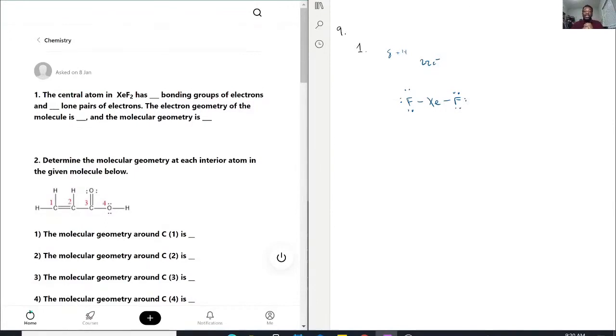So it still needs 6 more electrons. So it would actually be 1, 2, 3, 4. And the reason why I did it like this is because xenon actually has an expanded octet rule. 5, 6. This would be the Lewis structure for xenon difluoride.